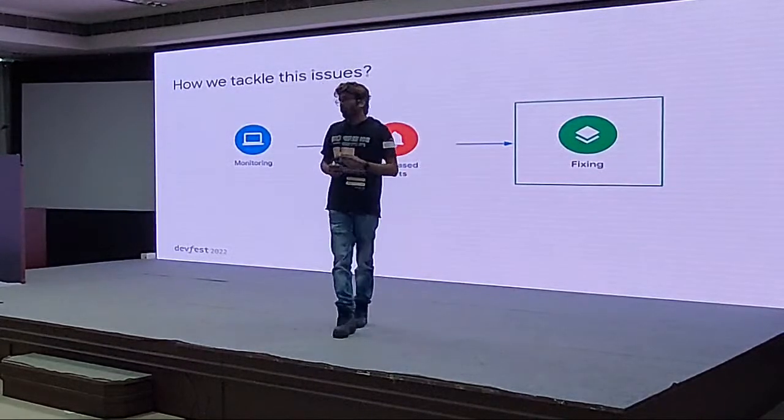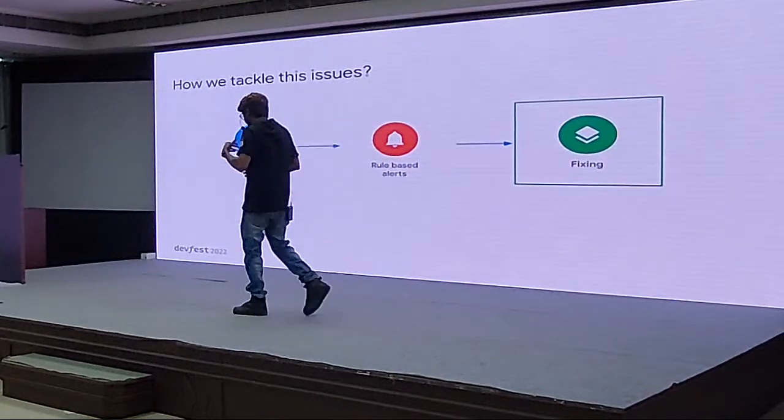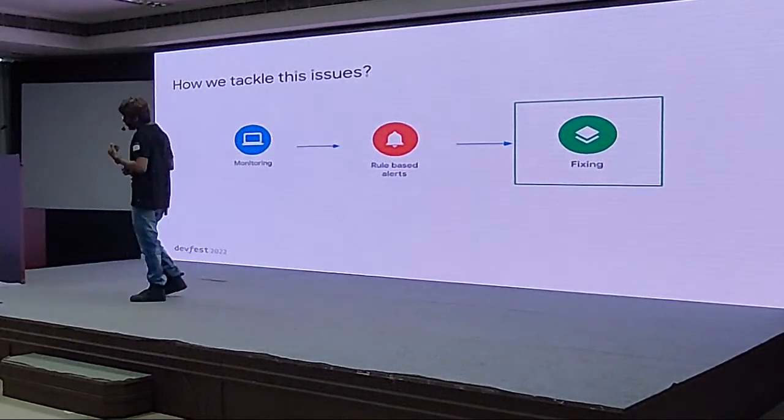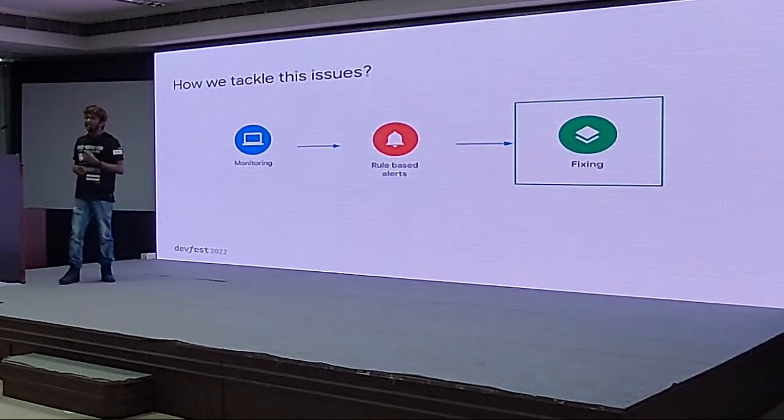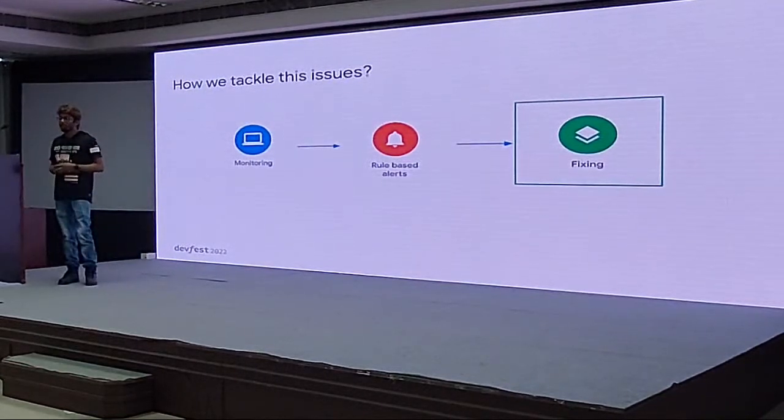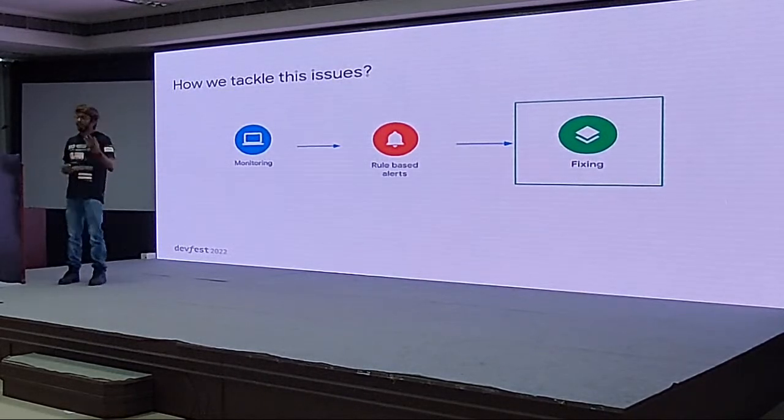Those rules we have to define at the very beginning, before we even go to production. We need to understand which service level indicators we need to monitor. After analyzing and having a list of that, we create monitoring dashboards, and then we create role-based alerts.